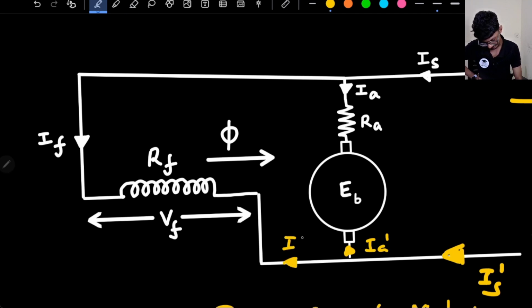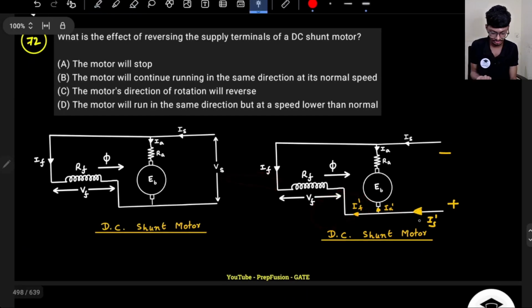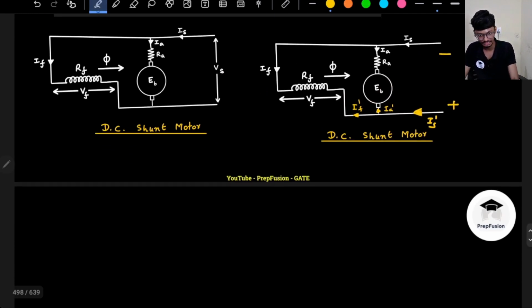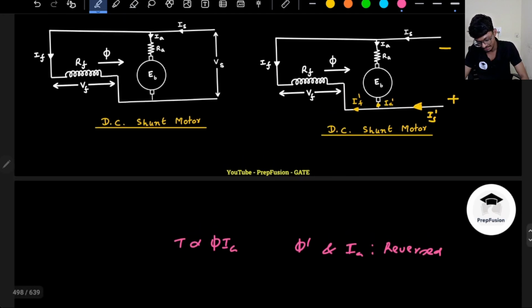And let me name the field current If dash. So if I see that the field current direction has reversed, the armature current direction has also reversed. In this case, we can easily analyze using the torque relation, that both phi dash is negative, phi dash and Ia dash have reversed. So basically what will happen?